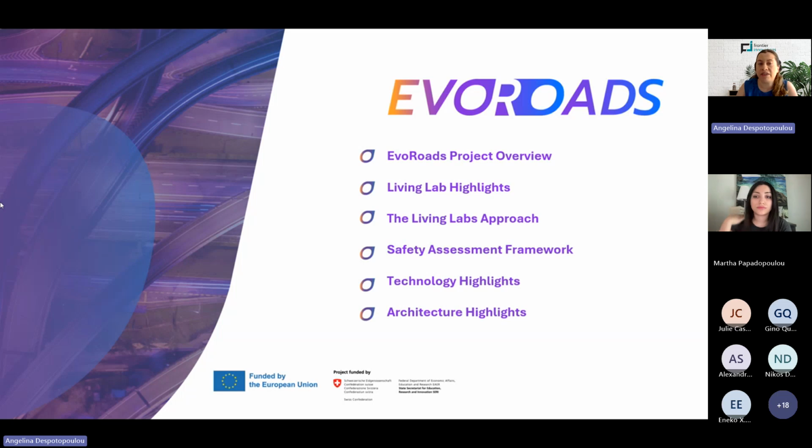This is the structure of today's presentation. We will start with the general EvoRoads project overview, as I mentioned earlier. We will be discussing a little bit regarding the goals of our living labs, or the pilot sites, if you would prefer the term.